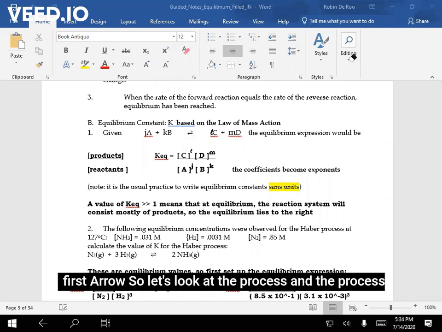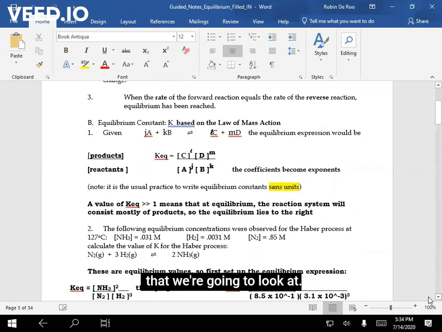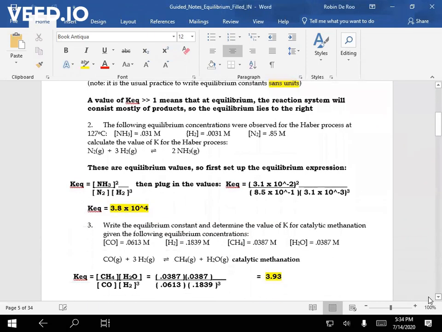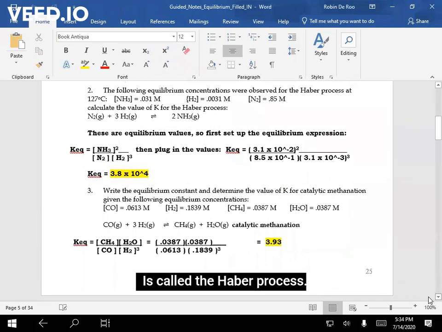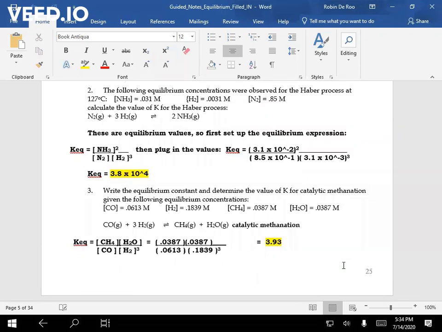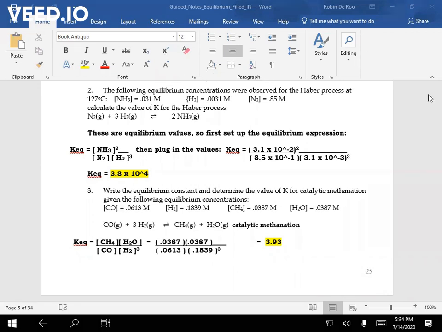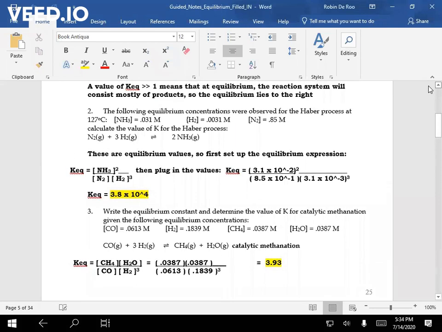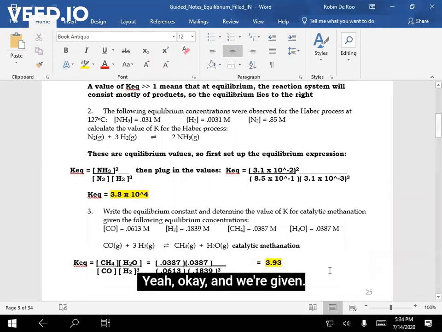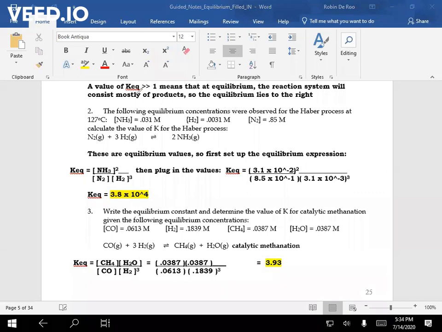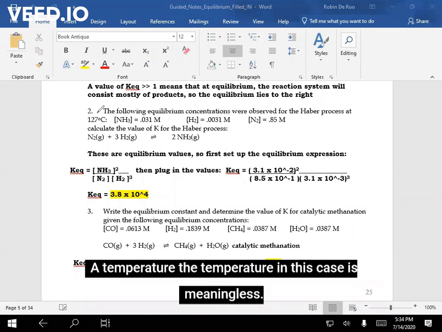So let's look at a process. The process that we're going to look at is called the Haber process. The Haber process is giving us some numbers, and we're given a temperature.